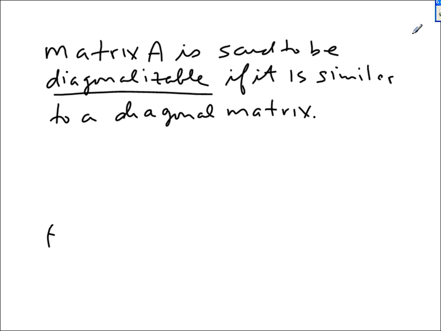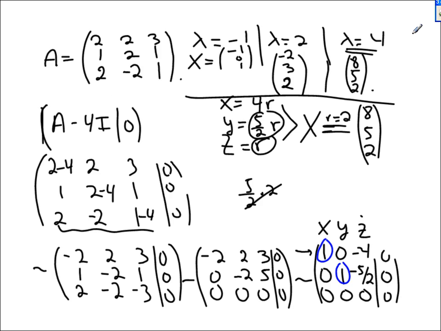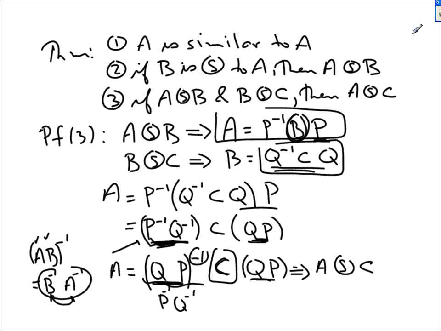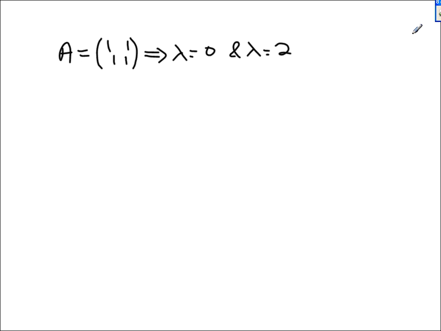Now, let's see if I can find the eigenvectors. 1, 1 for 2 and negative 1, 1 for 0. So I had negative 1, 1 and 1, 1.